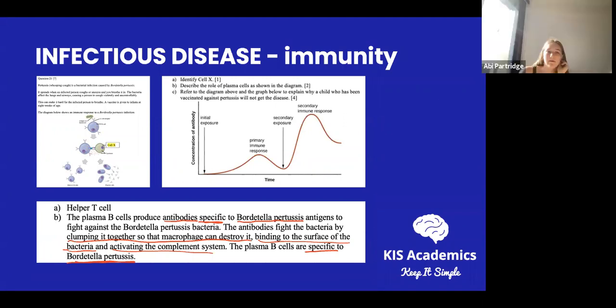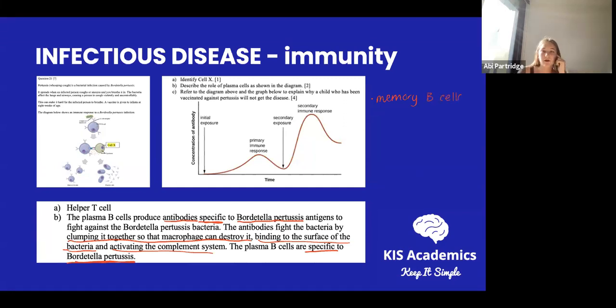For part C, there's a couple of things you need to mention. It's talking about the immune response, and this graph is specifically about the different stages of the immune response. So you need to talk about memory cells, in this case the memory B cells.